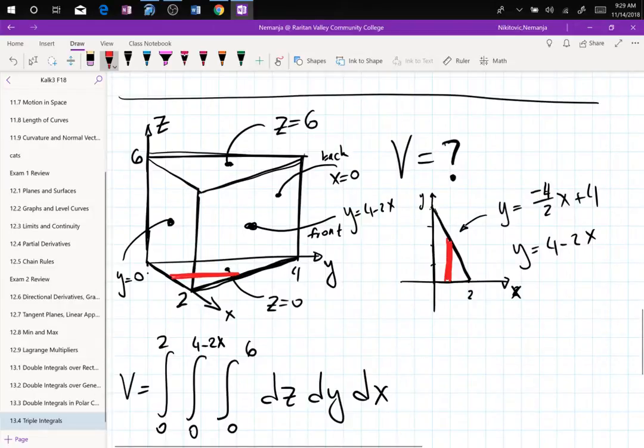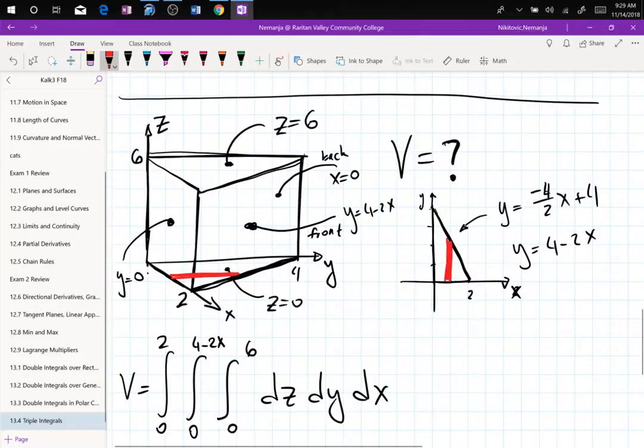So look what we have in a domain, right? You have the representative rectangle swiping from left to right from 0 to 2. Your limits on x are 0 to 2. And the height of the integral is stuck between 0, which is y equals 0 on the bottom, and the top is 4 minus 2x.